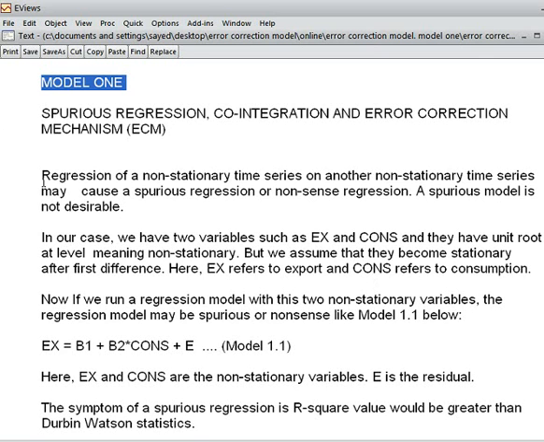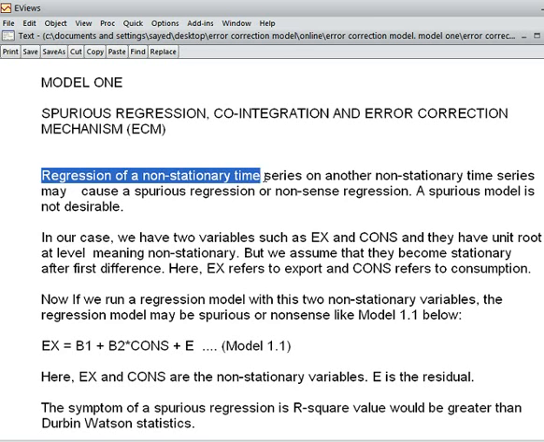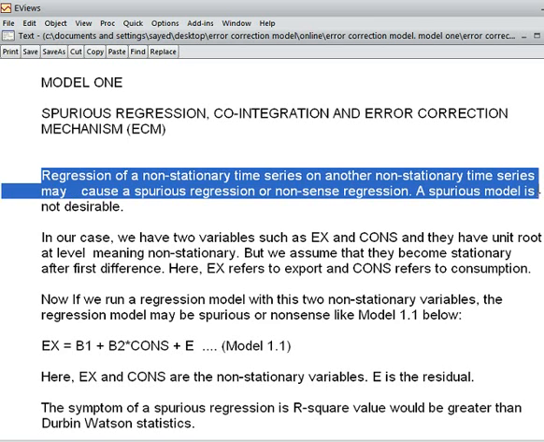What is the theory? Regression of a non-stationary time series on another non-stationary time series may cause spurious regression or nonsense regression. A spurious model is not desirable all the time.